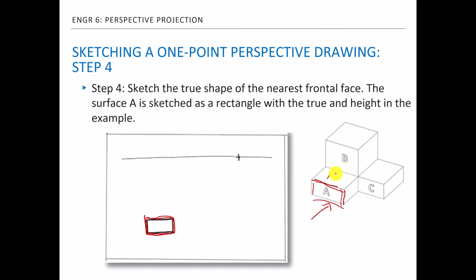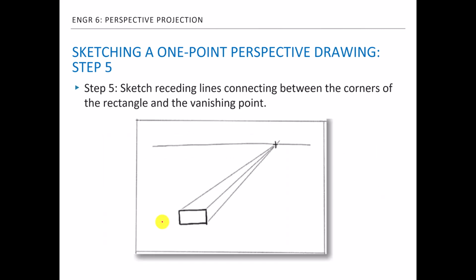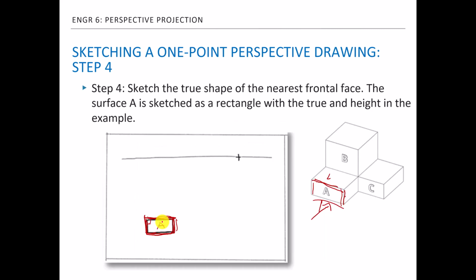Okay, so this horizontal line will stay horizontal, and these two side lines are vertical. You just draw vertical, so that'll be just a 90-degree angle rectangle. So you just draw the rectangle there. That's surface A. Okay, so once that is sketched, the next step is to sketch the lateral sides.